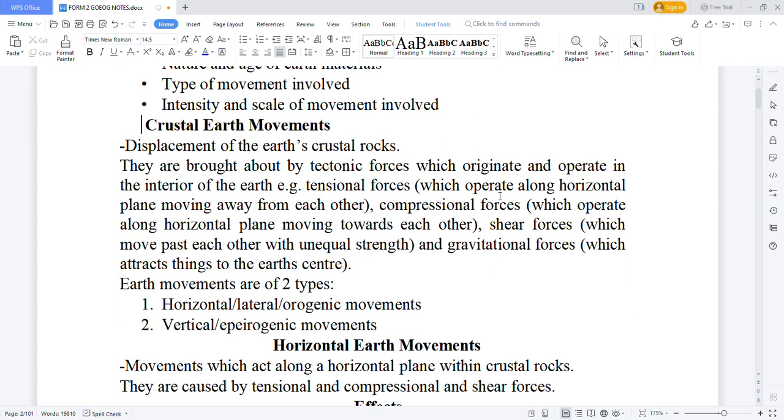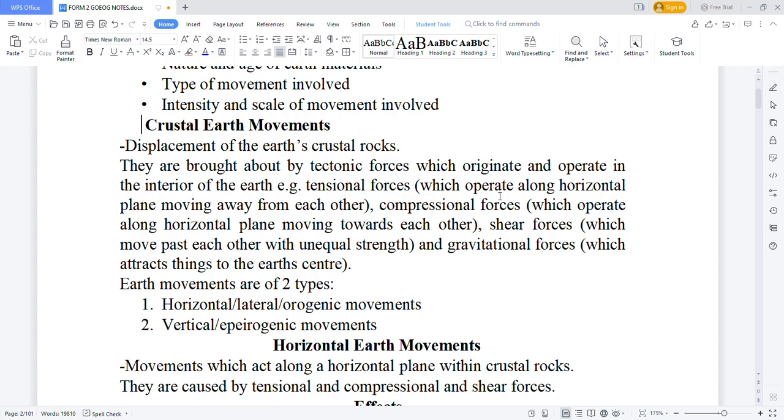They are brought about by tectonic forces which originate and operate in the interior of the earth, e.g. tensional forces which operate along the horizontal plane moving away from each other. Then we have compressional forces which operate along the horizontal plane moving towards each other.